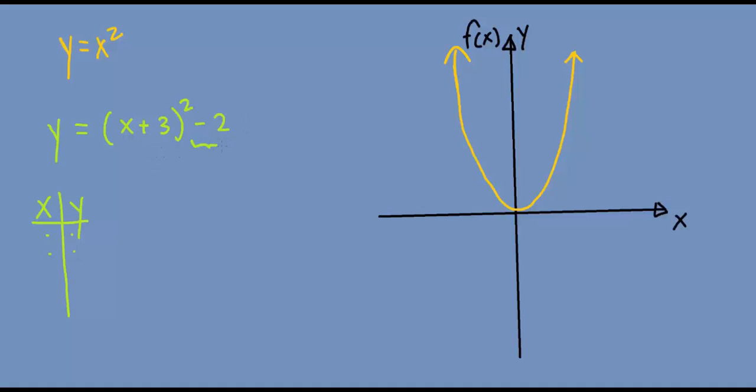That's what this does. That's the vertical shift or translation down. And this would be the opposite in the horizontal, the opposite of 3. So left 3. So our new parabola would be left 3 and down 2. Our new parabola would have a vertex here. That would be a point, and then if we kept plugging in points and getting outputs, we'd get this.